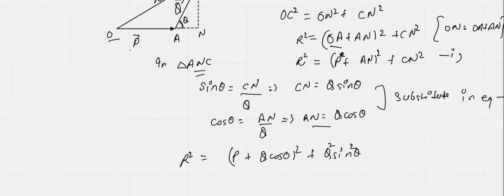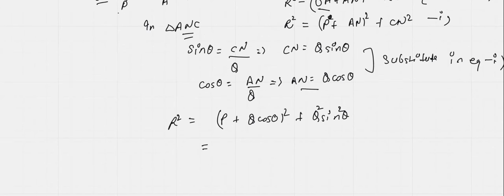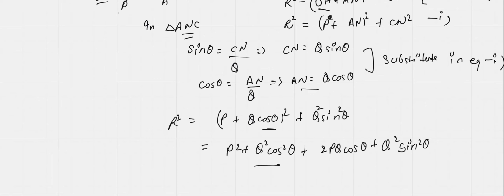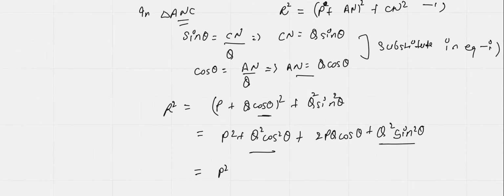When you just open this one, you will be getting P square plus Q square cos square theta, plus the other term, 2PQ cos theta, plus Q square sine square theta. I will keep these together. So you'll get P square plus Q square as a common factor times cos square theta plus sine square theta.